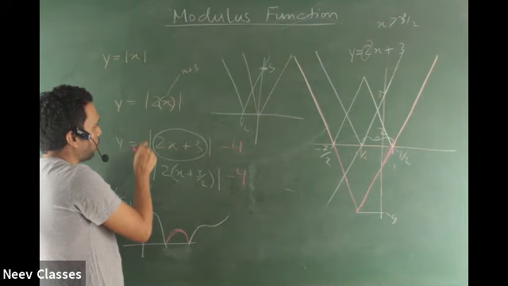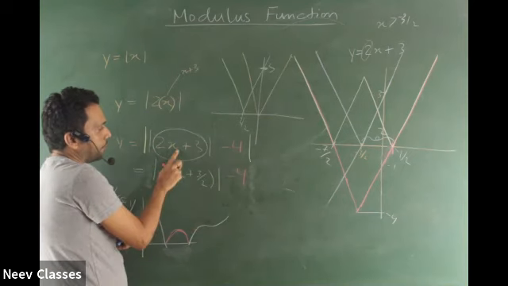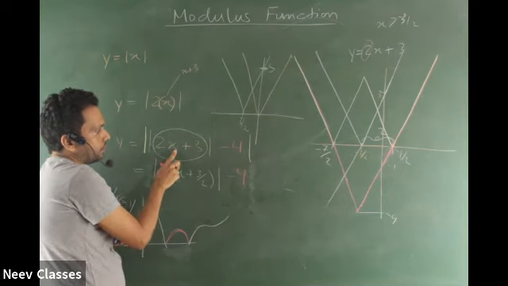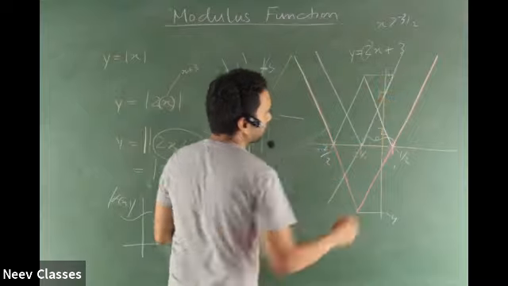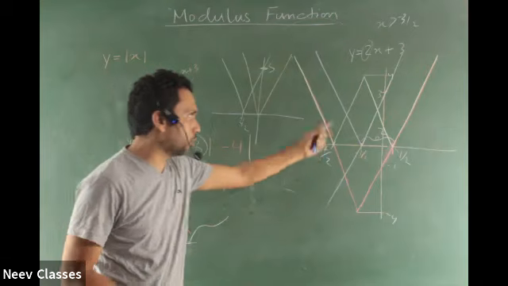But if I put a mod, then at -3/2 it becomes +4, right? This point is going right over there on top. So modding, the negative points go to the top.